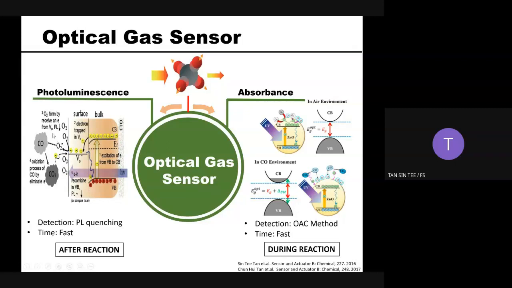For example, in the case of CO gas, there is oxygen in the ambient, and this oxygen will first receive the electrons, either from the conduction band of your bulk semiconductor or from the surface defects that you created inside your nanomaterials. So the oxygen will turn into ozone species, and then they will react with the CO gas.